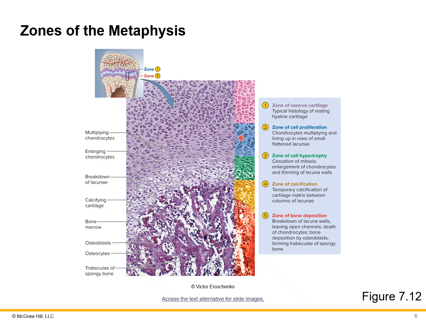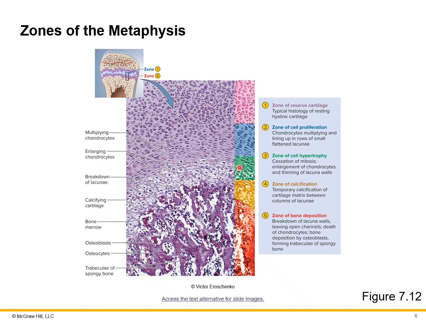Zone 2 is this area down below here. It's highlighted in blue on the side, but it does continue to this area here also. That is the zone of cell proliferation. This is where chondrocytes are lining up in rows, and I hope you can see those rows. Of course, they're not perfect, but they're rows. That's where the chondrocytes are flattened in those lacunae.